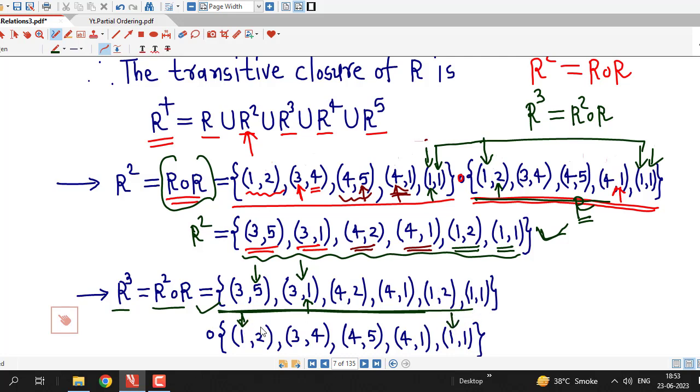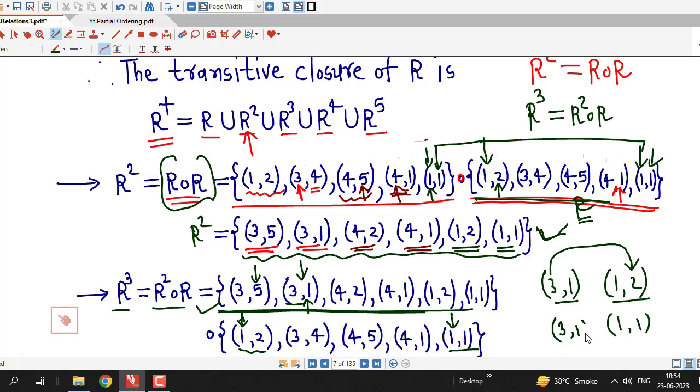So I obtain two ordered pairs, here 3 1, and for this second component 1, I obtain this 1 2 and this ordered pair 1 1. So 3 1 belongs to R2, 1 2 belongs to R, and I have to write 3 2 in the R3.